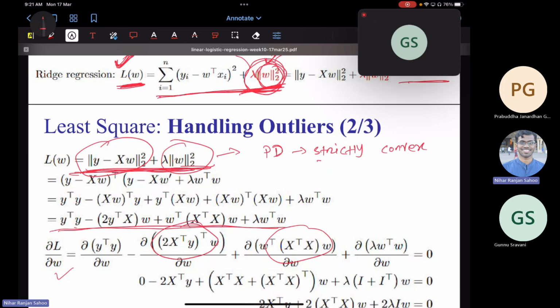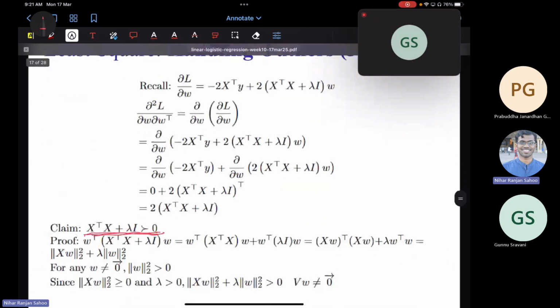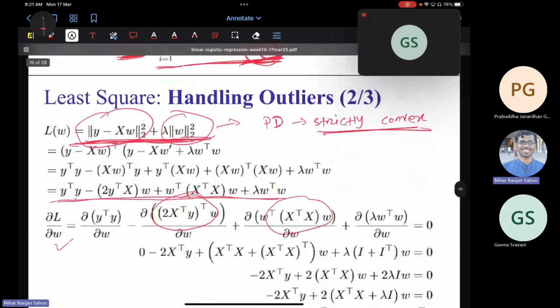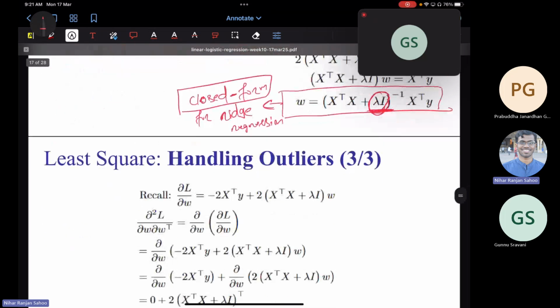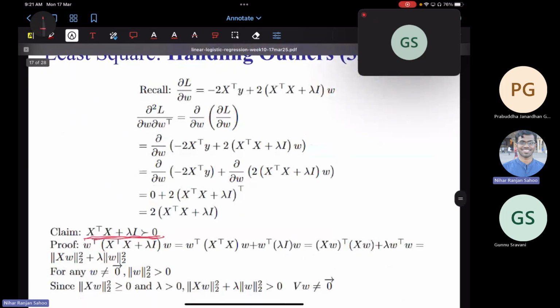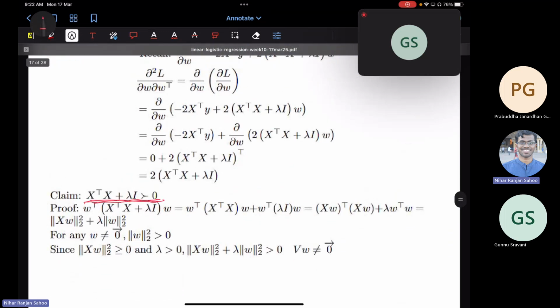What's the difference between strictly convex and convex? I'm leaving that for the time being, so you can check it out. Our major target is getting convex functions. Strictly convex is not our goal, but during formulation we got strictly convex, which gives us some nice properties, though it's not necessary for us. Again, why this is greater than or equal to 0 is the important thing we have to see.